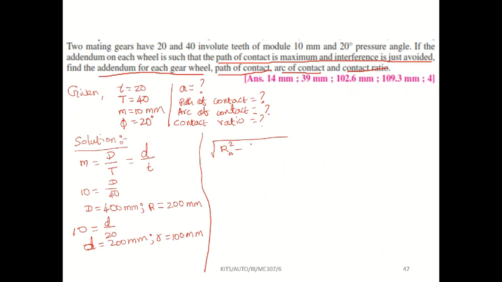R square is 200. 200 square into cos 20 square. Cos 20 square is 0.88, minus R sin phi, sin 20.